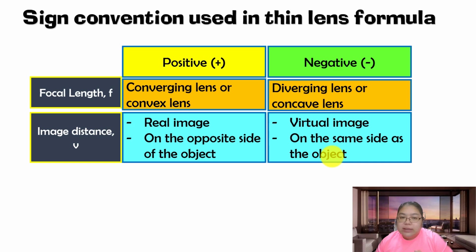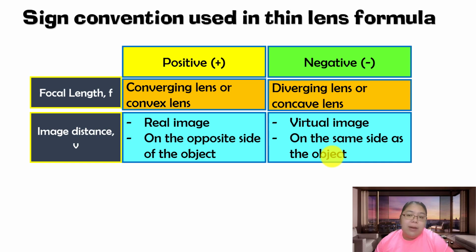Object at the left hand side, after you draw, your image must be on the right hand side. Negative image distance means a virtual image. For a virtual image, the object and image are located on the same side. If the object is on the left hand side, your image is also formed on the left hand side.